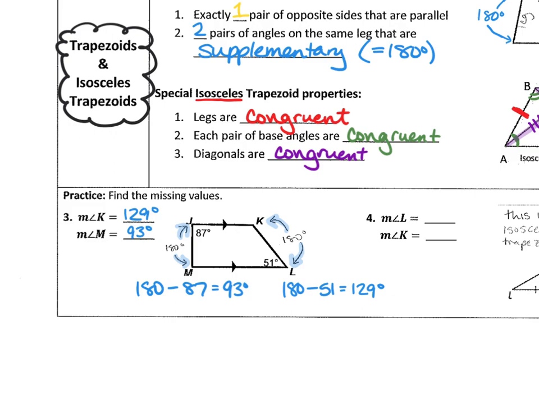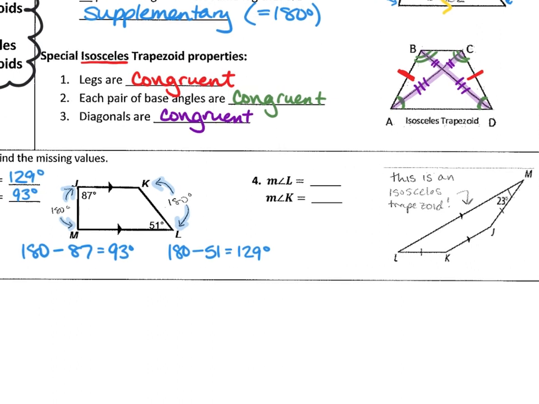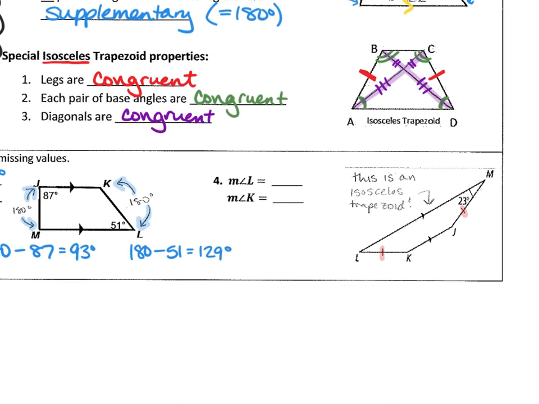Now I've pointed this out to you already for number 4, but I've said to you this is an isosceles trapezoid. How do I know this is an isosceles trapezoid? What is now marked on there that was not marked on the last trapezoid? The legs. It has the markings to tell me that the legs are the same length. So we know this is an isosceles trapezoid, so we can now use properties 1, 2, and 3 right above this.